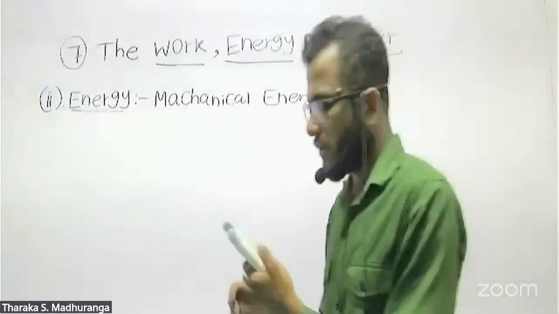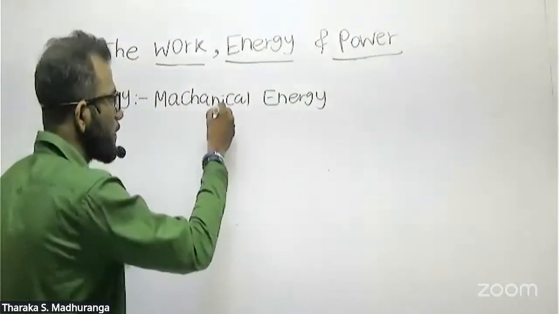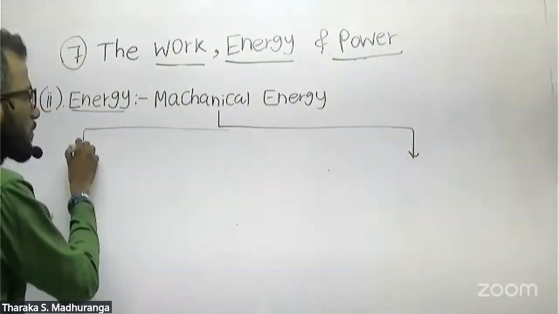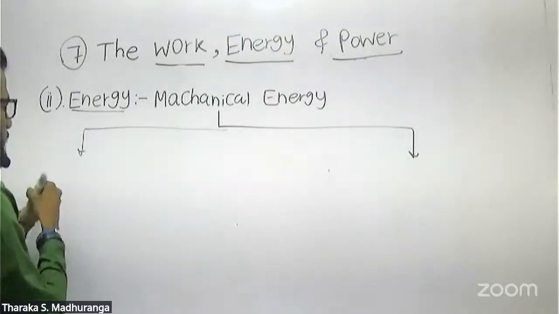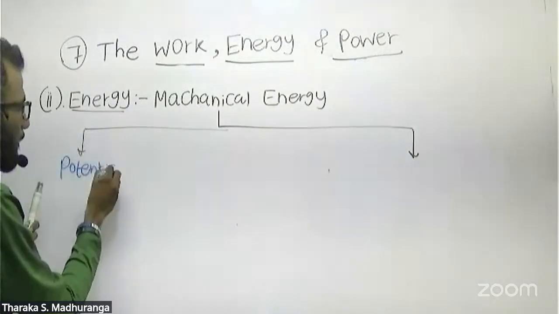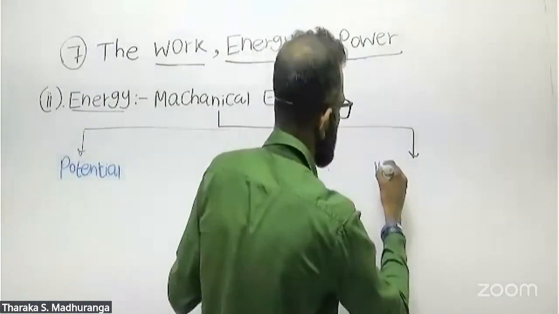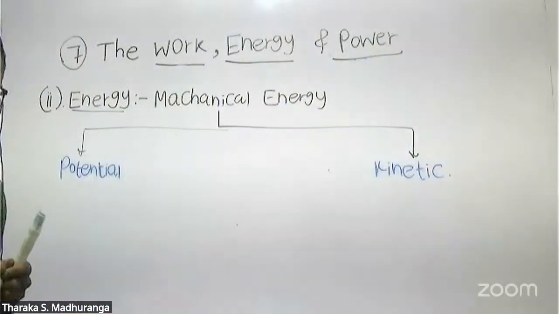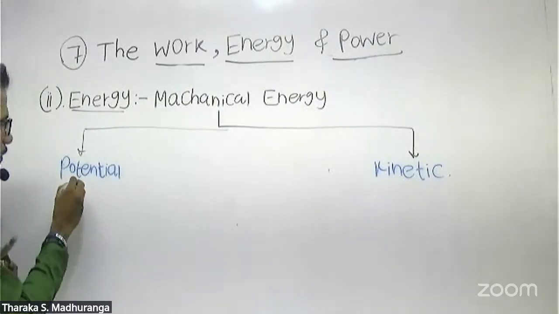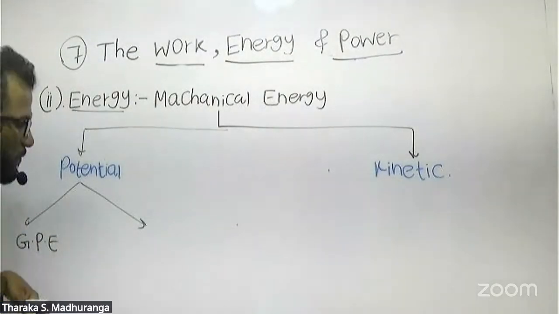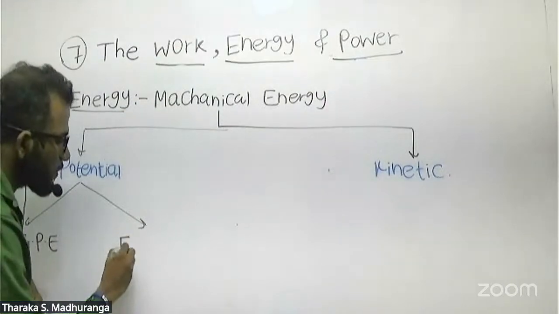Now the mechanical energy we can divide into two: potential energy and kinetic energy. This potential energy is again of two types: gravitational potential energy, I use short form now, and elastic potential energy.